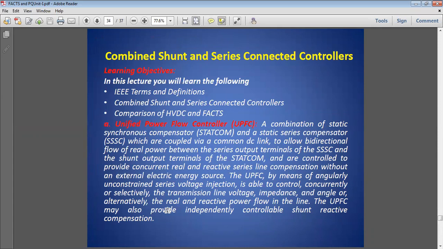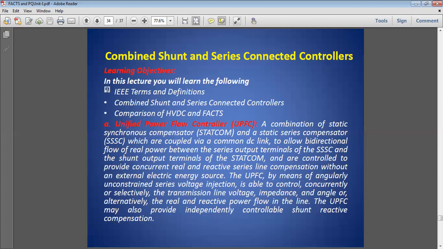Whatever the discussion so far has been independent, either a shunt compensation or a series compensation, but it is possible to combine shunt and series compensation either in independent control or in coordinated, unified control. When it is unified, it is possible to handle the active power with the help of the two, in such a way that the loading of the transmission line is optimal, and it is possible to use the full infrastructure of the transmission line, isn't it?